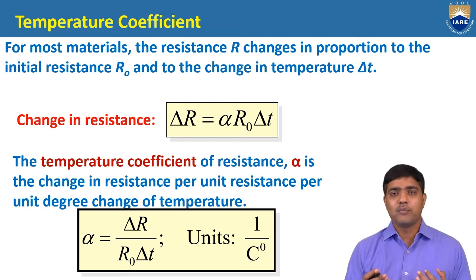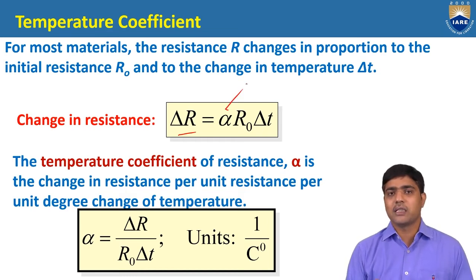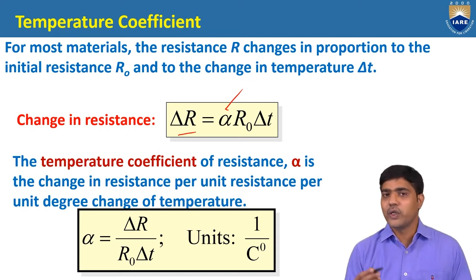You may observe that different materials have a different rise in the resistance for a particular rise in the temperature. So usually we can represent the change in the resistance as delta R equal to alpha R naught into delta T. What is the alpha here? Alpha is the temperature coefficient. That depends upon the type of material you are going to take.